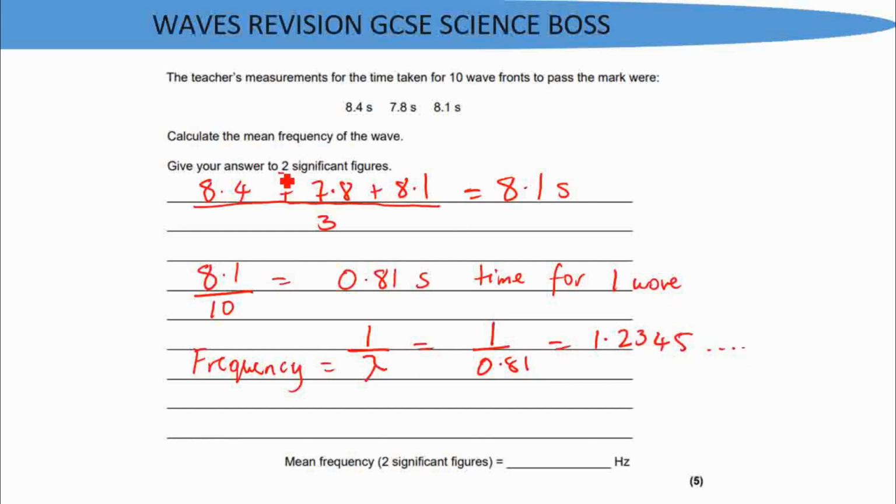But the question tells us, and do not lose those marks, once you've used all the numbers in the question, even if you didn't get it right, you just try to get that mark about significant figures. So rounding that to the correct number of significant figures, that's going to be 1.2 hertz.